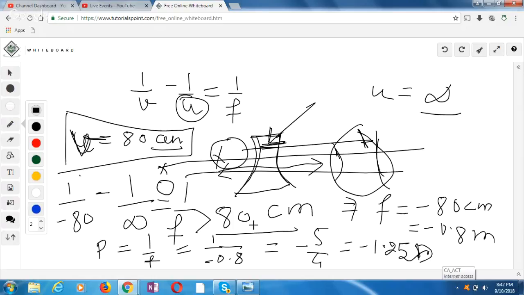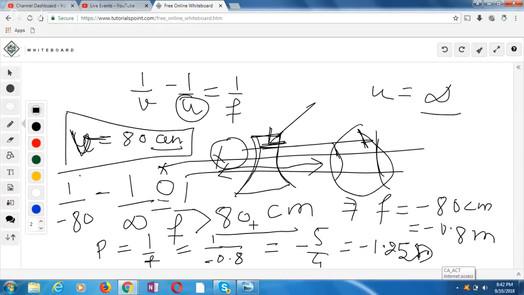The question was that for any particular person, I'll again read the question and revise it for you. The far point of a myopic person was 80 centimeter in front of the eyes. What is the nature and the power of lens required to correct the problem? First of all, as soon as I come to know that the person is myopic, and the second hint given in the question is far point, I know that the person has short sightedness.